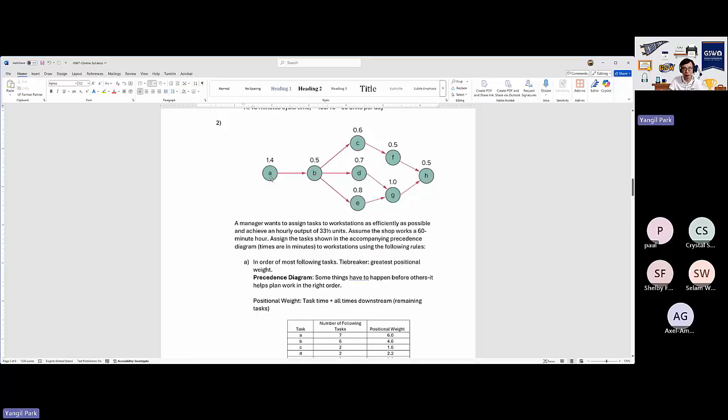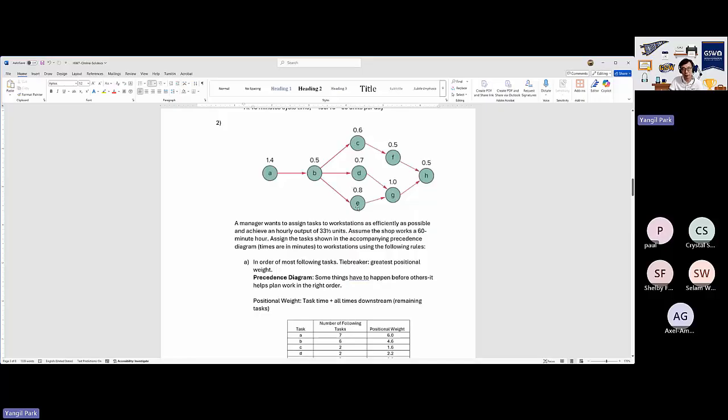So for example, you go starting from A, you go B, then to determine which way you're going to go, you'll see which node has the largest number of following tasks. In this example, either C or E has the highest numbers, right? Following tasks. Because if you go to C, you have still 1, 2, 3.